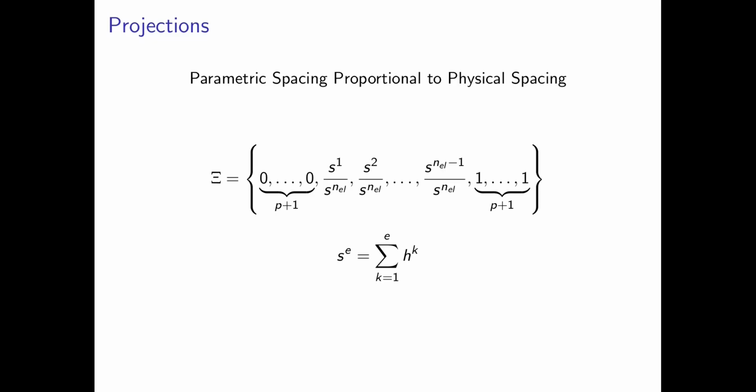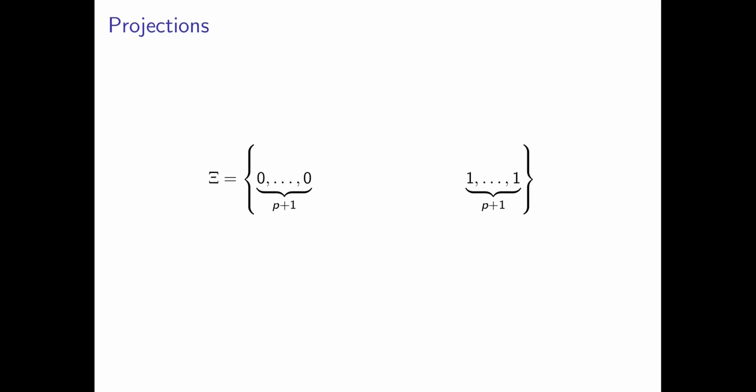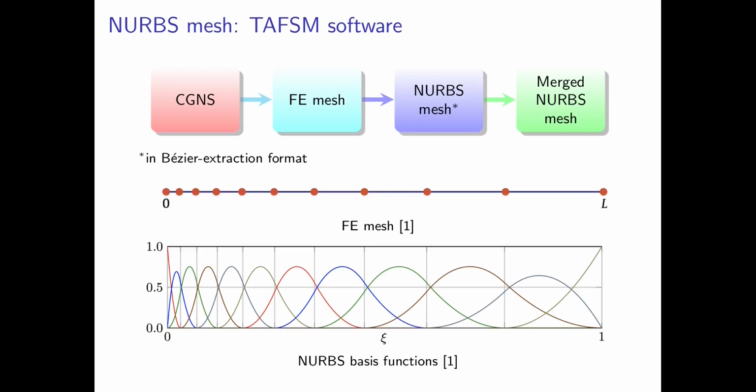For the finite element mesh which I had shown previously, the first non-zero knot value is equal to H1 divided by the total length of the interval, which is equal to L. And the second non-zero knot value is equal to H1 plus H2 divided by L again.